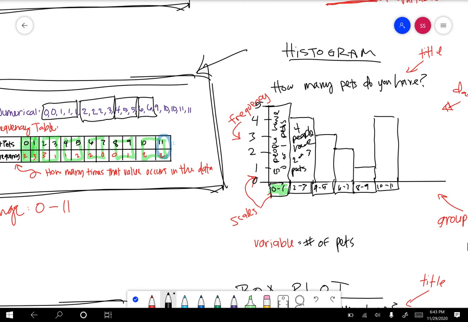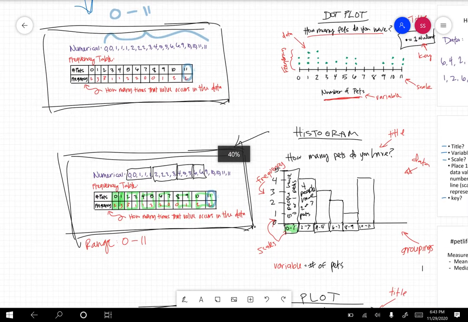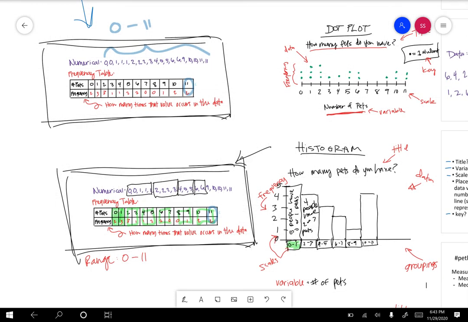So histograms, just like our dot plots, so if I zoom out a little bit, they're really good for showing frequency and kind of how spread out our data is, right? And because we grouped our histogram in groups of 2 values, so 0 to 1, 2 to 3, etc., it doesn't really change the pattern here, right?